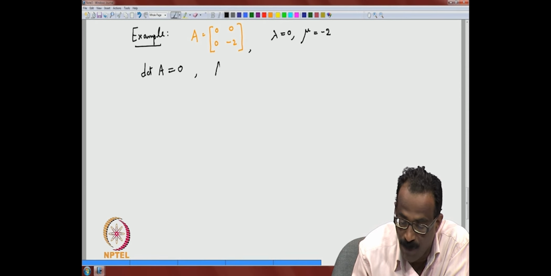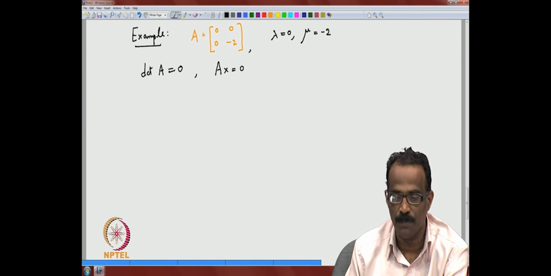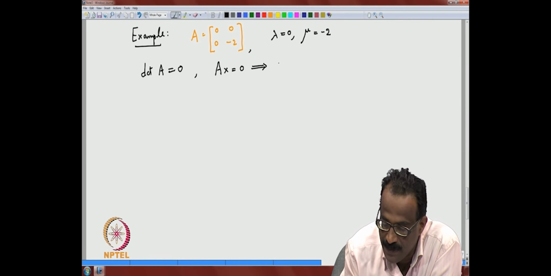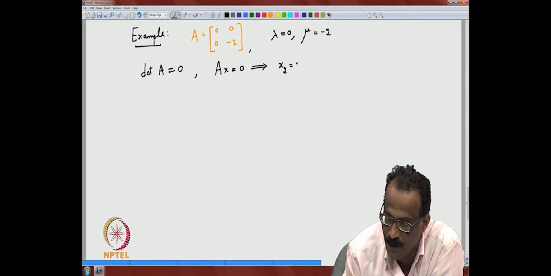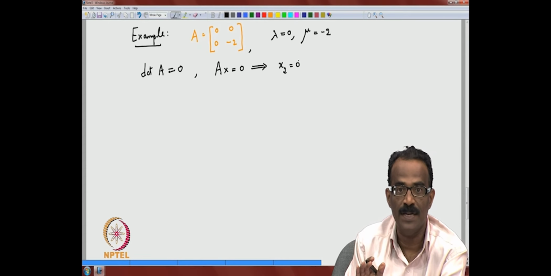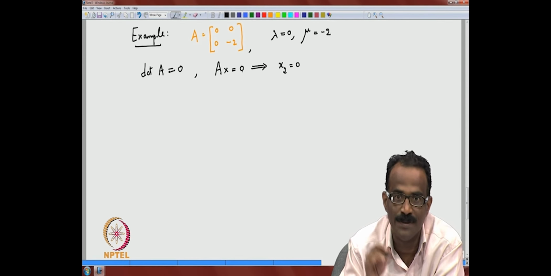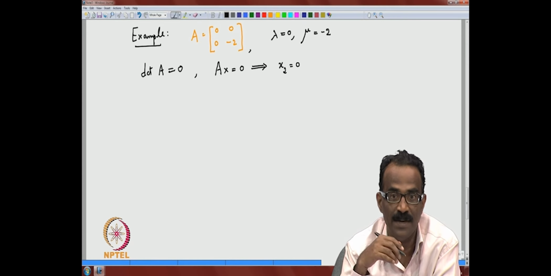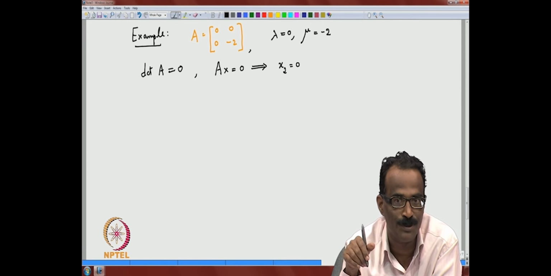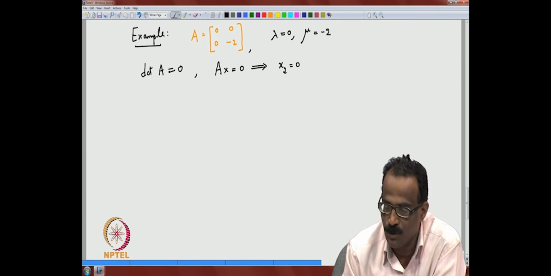So, you have to look for all x with Ax equal to 0. You want to find all the equilibrium points. Ax equal to 0 is equivalent to 0 x1 plus 0 x2 equal to 0, and 0 x1 minus 2 x2 equal to 0. So, that shows x2 equal to 0.